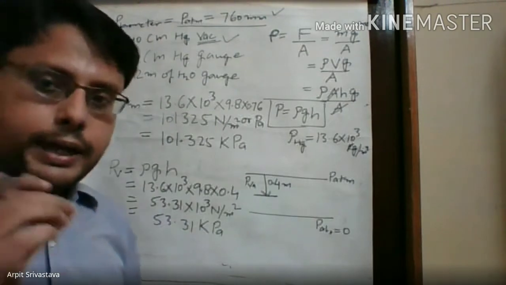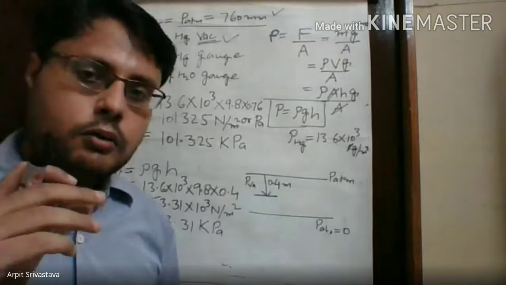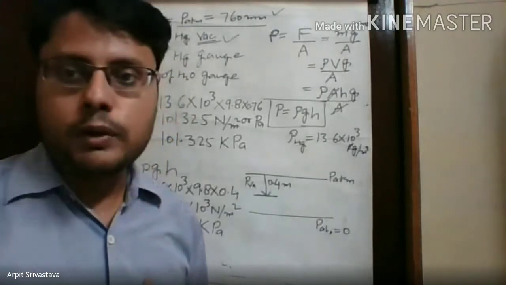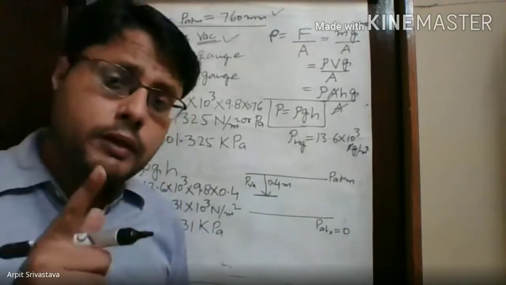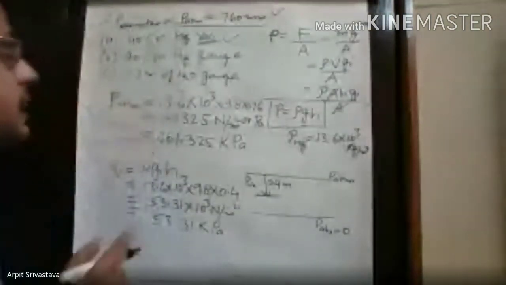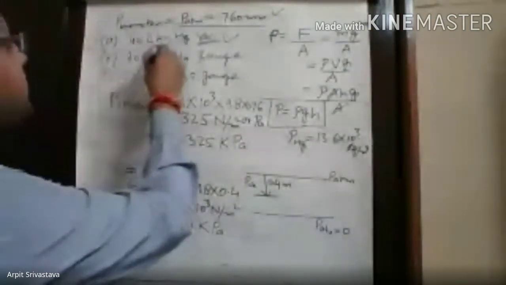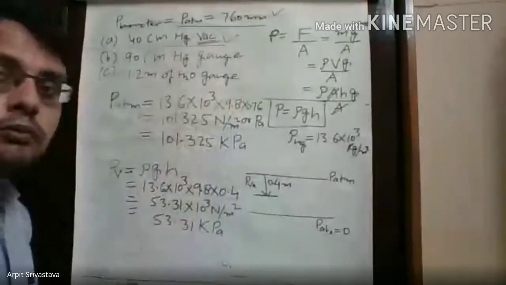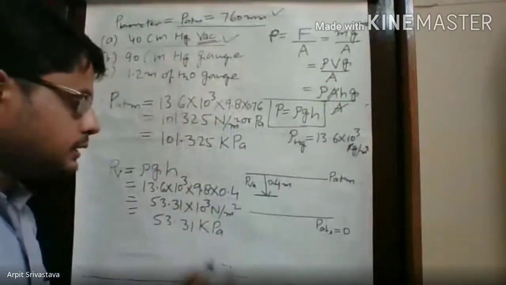I add one more step in this problem. If we want to calculate the absolute pressure of this substance having 40 centimeter Hg vacuum, then what will we do?